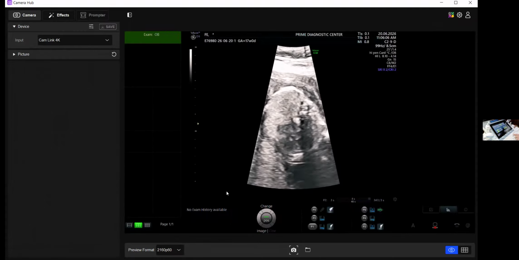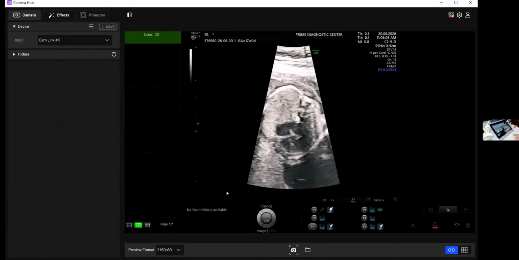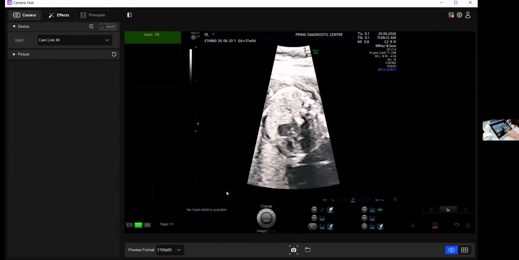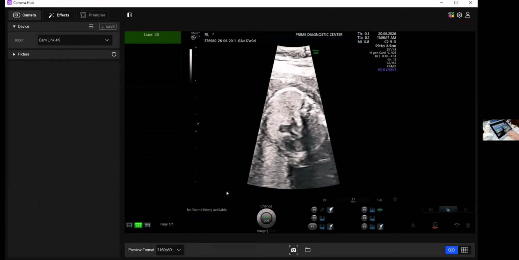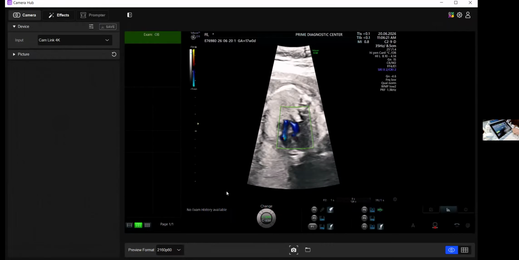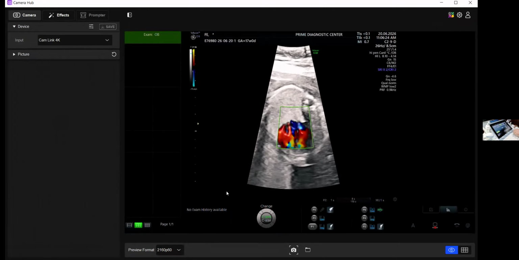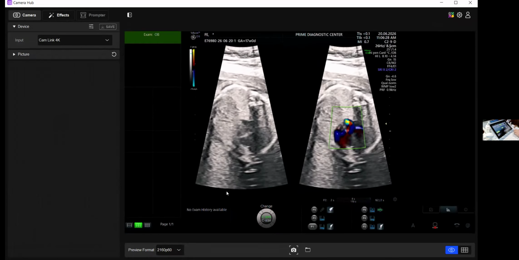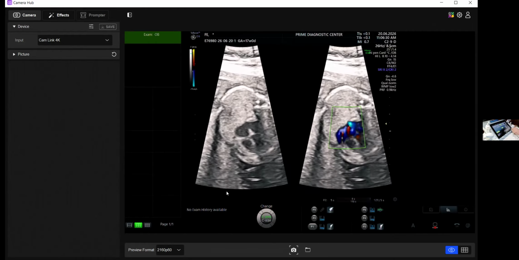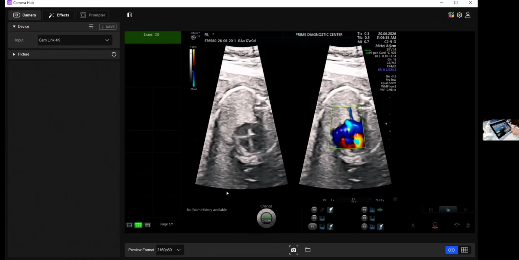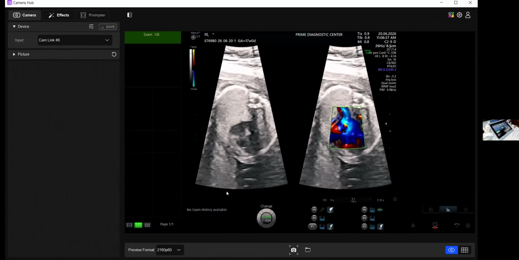You can see the pulmonary vein very nicely right on the top. You can increase the contrast or decrease the Nyquist limit. Then you can put the color Doppler there and look for the pulmonary vein. You see the pulmonary vein there.